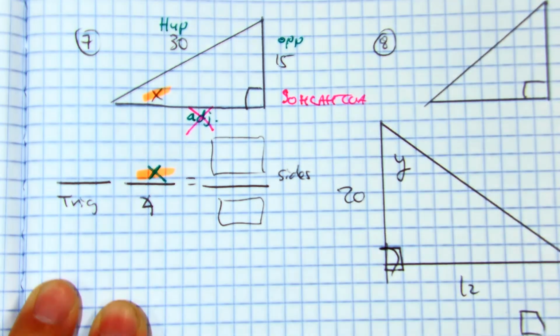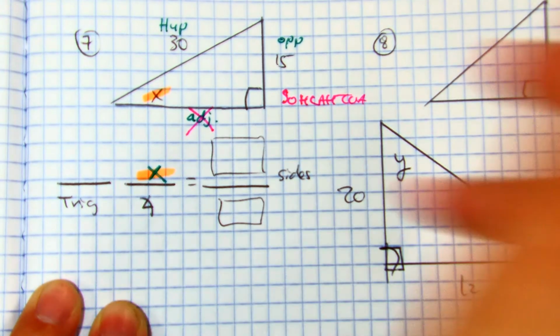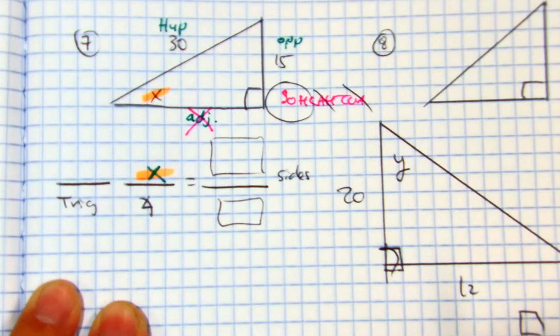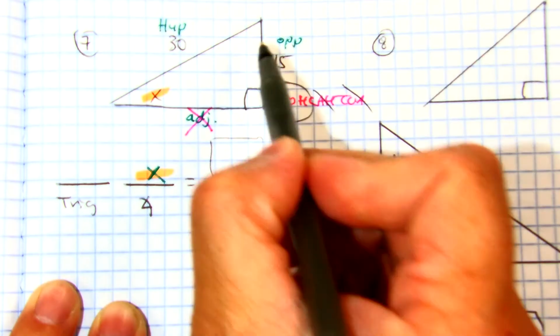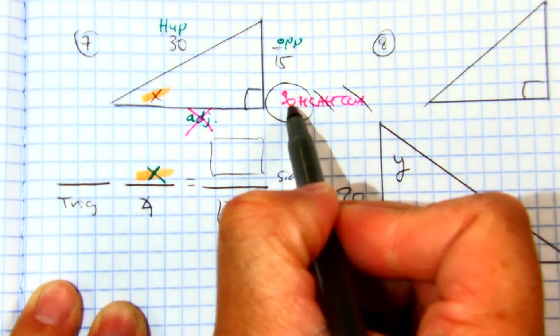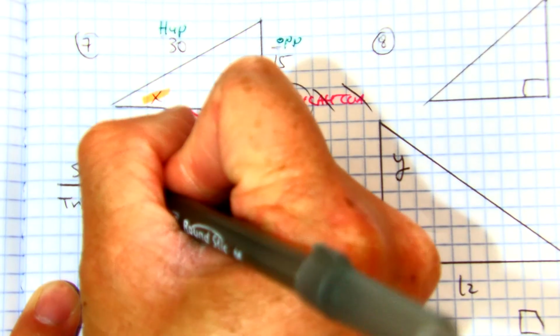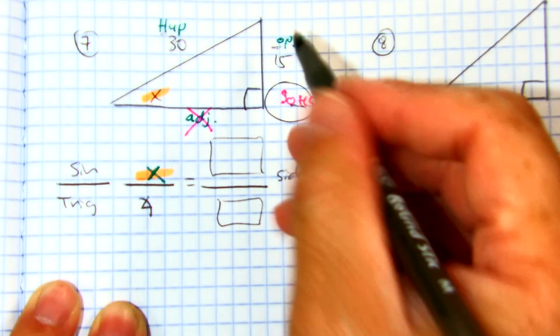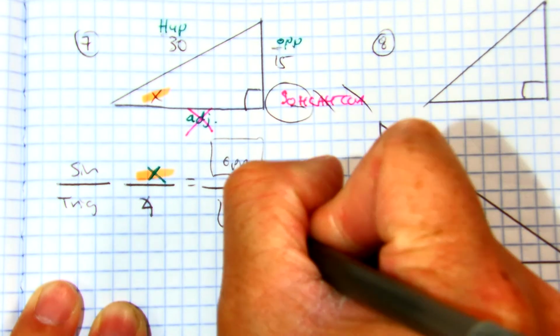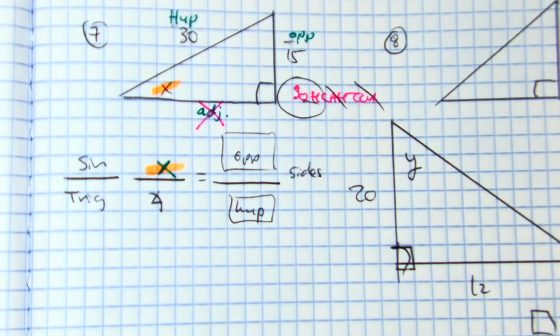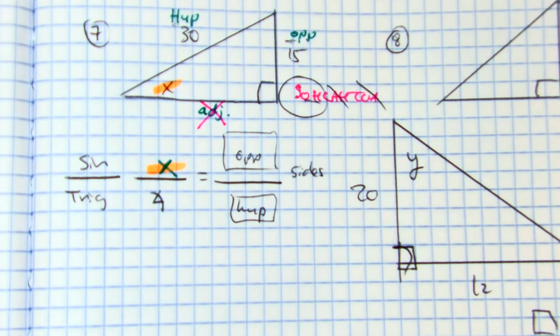Yep. I have opposite over the hypotenuse. O, H, we have sine. And then I just fill in the opposite over the hypotenuse. Fill in our equation there.